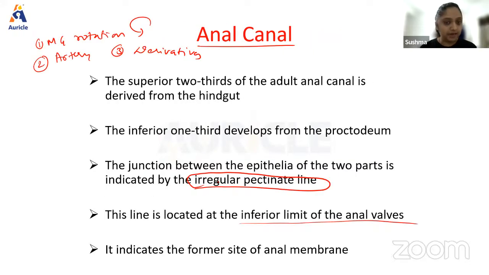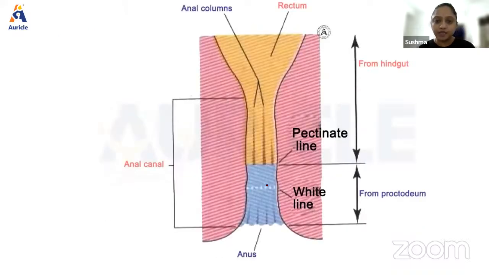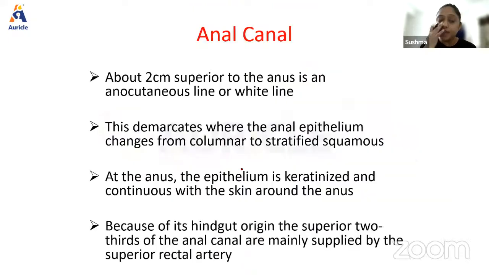This pectinate line indicates the former site of the anal membrane. From here to here, it is still the hindgut. Below the pectinate line, it is from the proctodeum. And then this is the anus. Next.